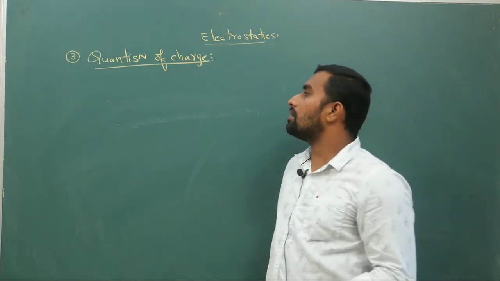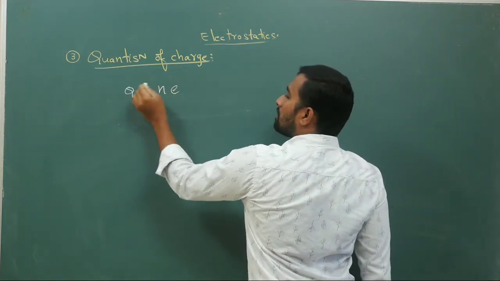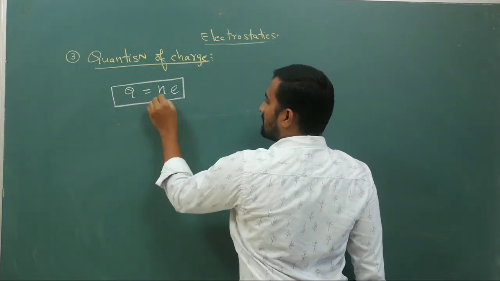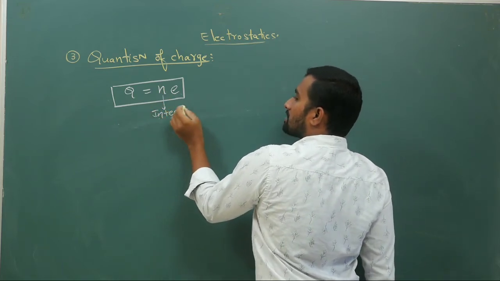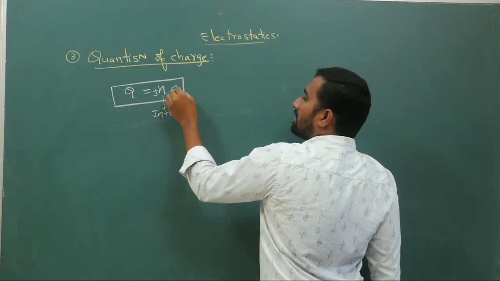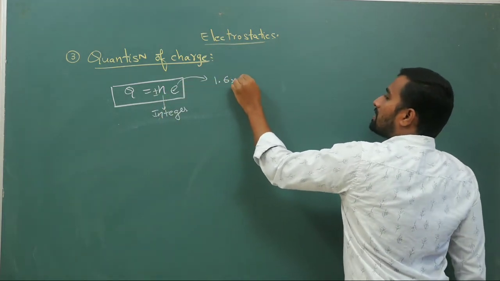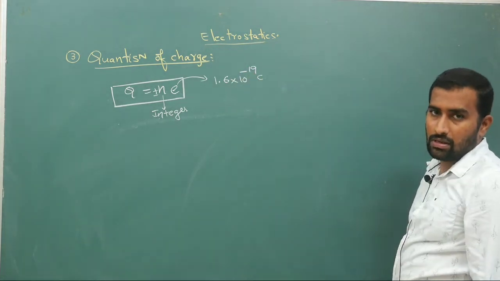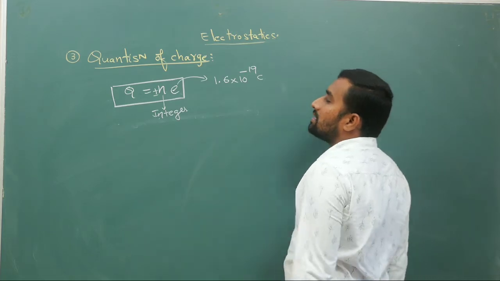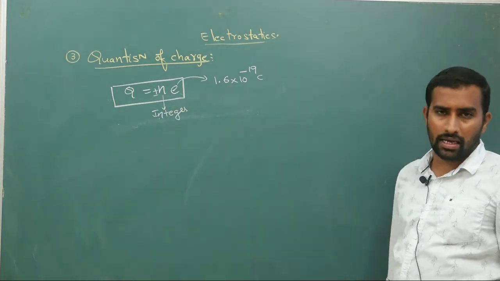So the total charge that you have is Q equal to N times e, where N is an integer. The charge of an electron is 1.6 into 10 power minus 19 coulomb. So any charge that you have is an integral multiple of the charge of the electron. This was your actual logic.